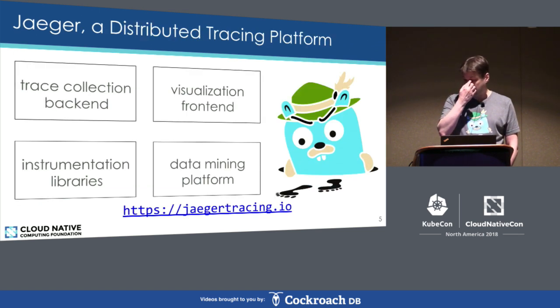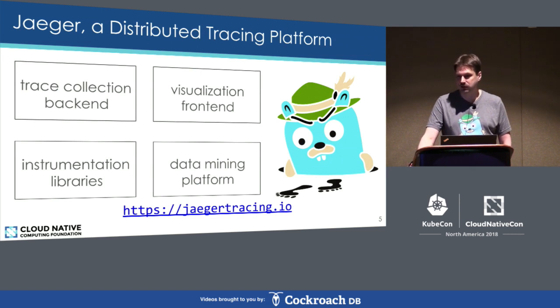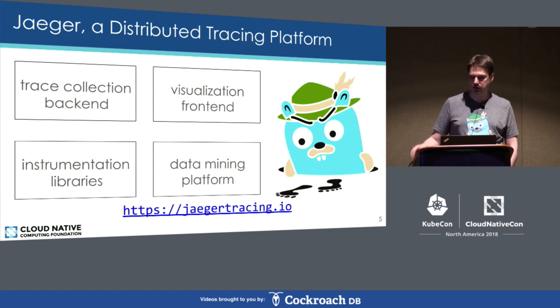This is my pitch from yesterday: I now think of Jaeger not just as a tracing system, but as a tracing platform, which means it's not just the thing that does everything for you, but it provides a platform to do more exploration. The main thing about distributed tracing as a tool set is that it's ultimately a root cause analysis tool.